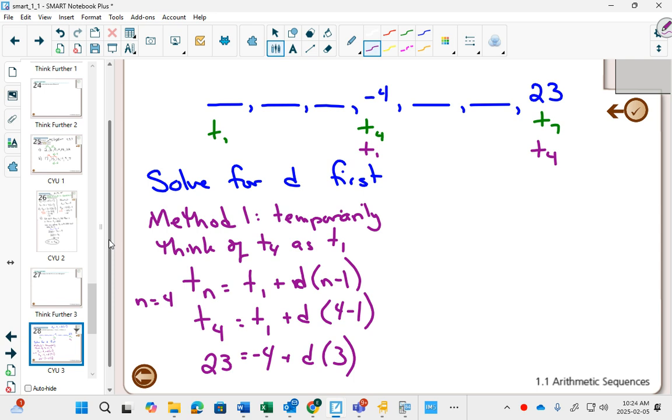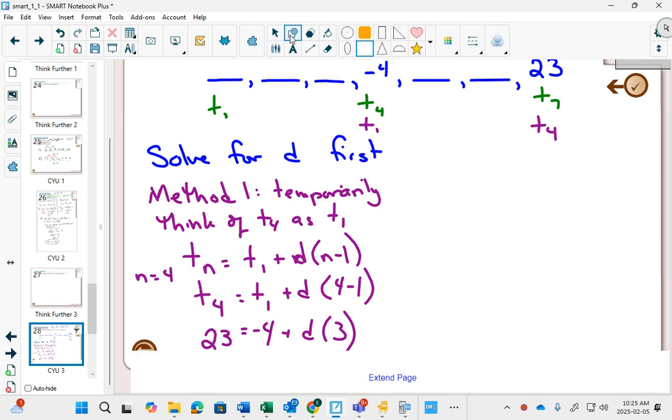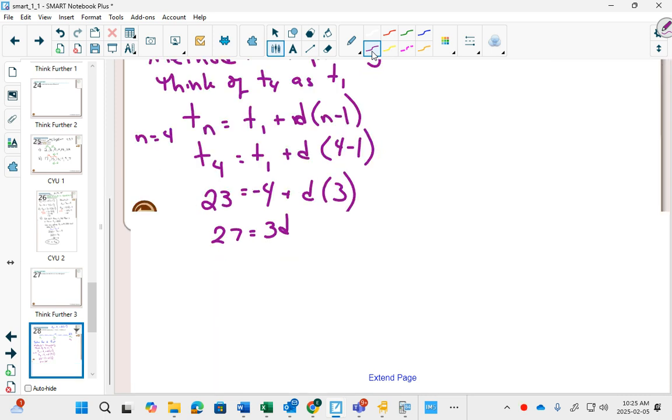And then I've got an equation where the only thing I don't know is D. How would you do this? Well, we'd add 4 to both sides. So 27 equals 3 times D. Divide both sides by 3, and we get D is equal to 9.